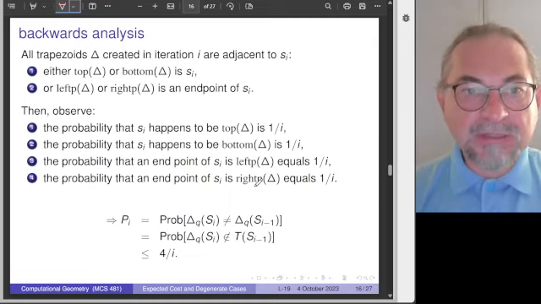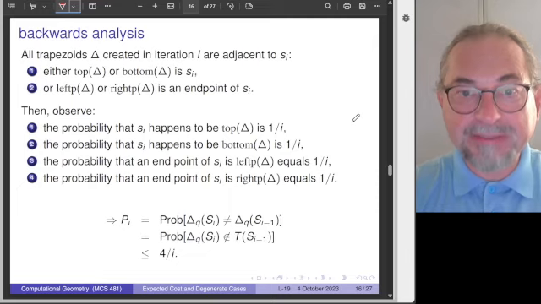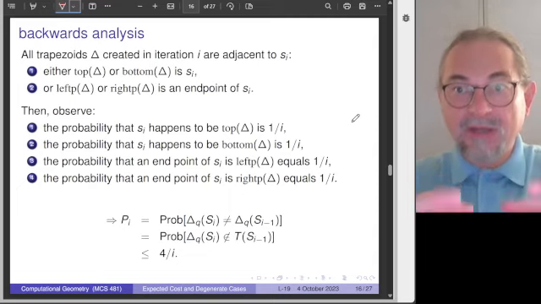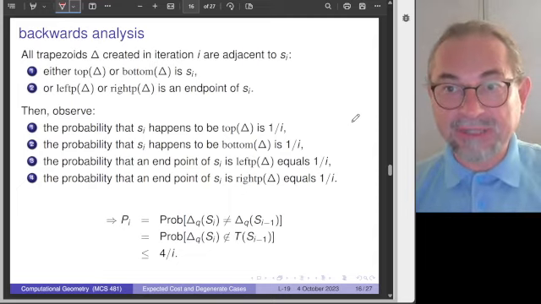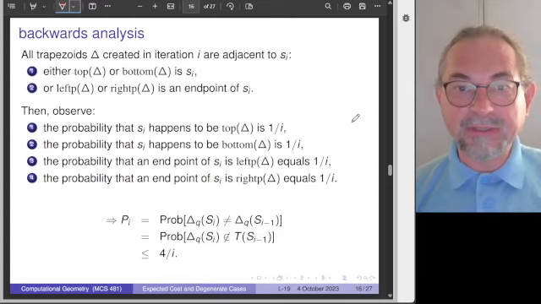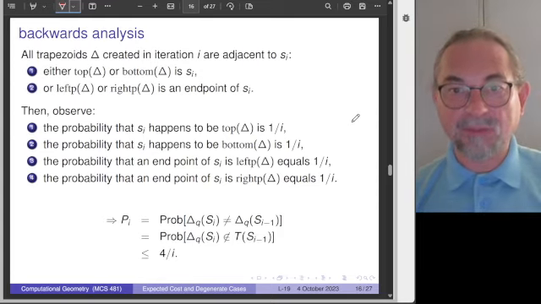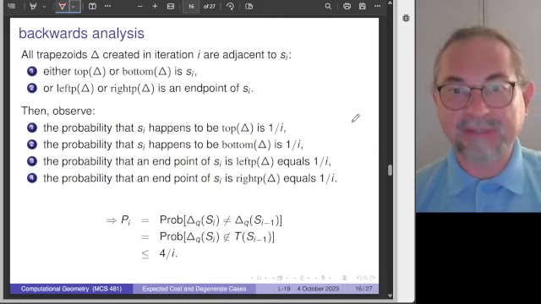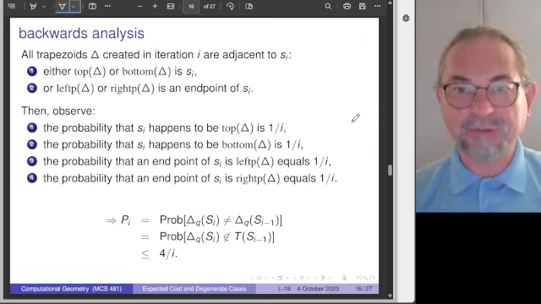Okay. So we observe that the probability that this happens is 1 over i, assuming that all the segments have equal probability. Equal probability that it will be the top, the bottom, or that the left point is an endpoint, is the left point of the trapezoid, or is the right point of the trapezoid.